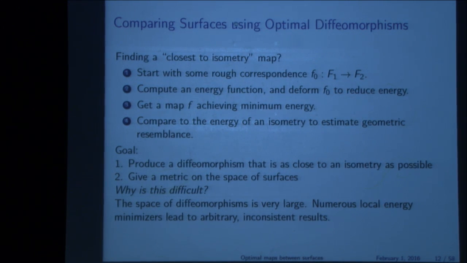But the reason it's difficult is that the space of diffeomorphisms between two surfaces is a very large space. And when you take any computable flows on that space, you run into lots of local minima. So you get stuck, and there's no reason why you should arrive at a global minimum.